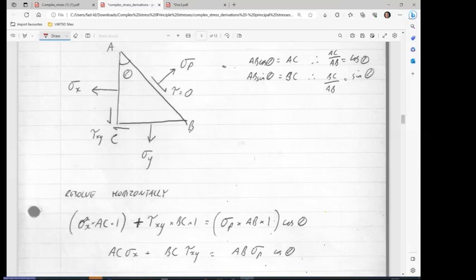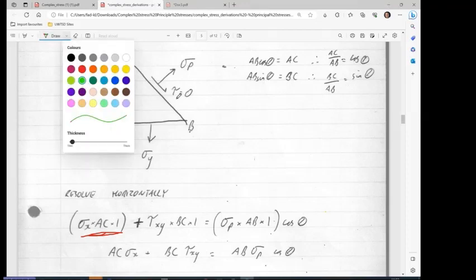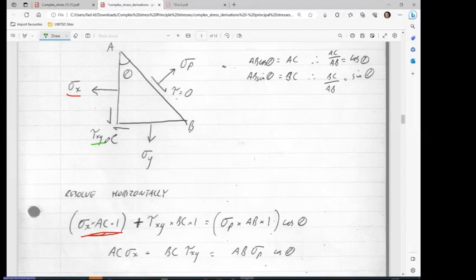So that's going to give me the force caused by sigma x acting in that direction. So that term there is going to be the force caused by that stress, plus tau xy times BC times 1. That is the force caused by this shear stress.